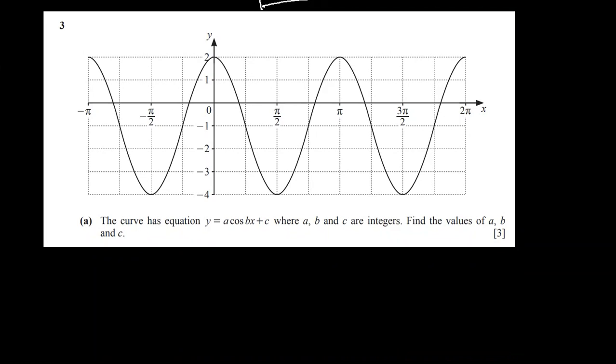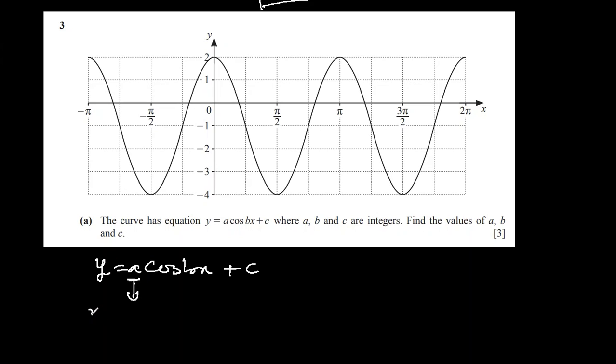They have given a trigonometric graph, and this is the equation y equal to a cos bx plus c. This is the general format of this equation, where a, b, c are integers, find them. First of all, let's focus on a.